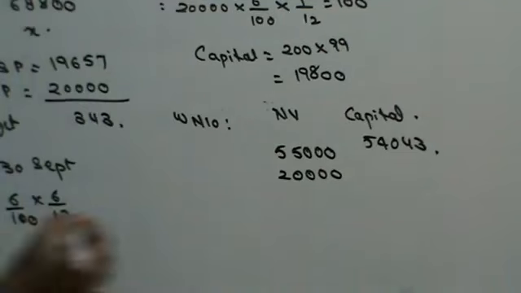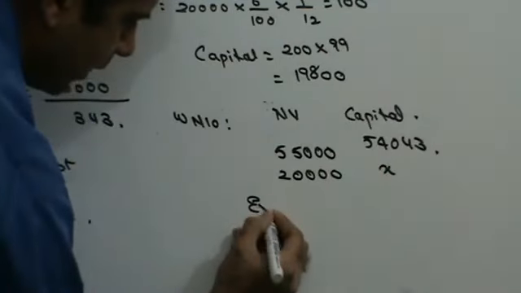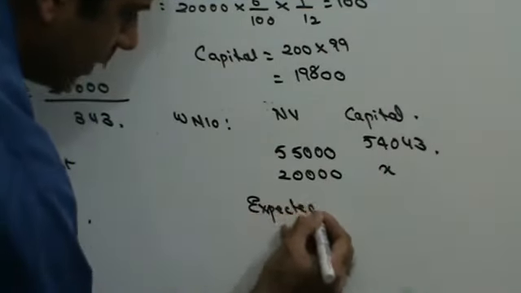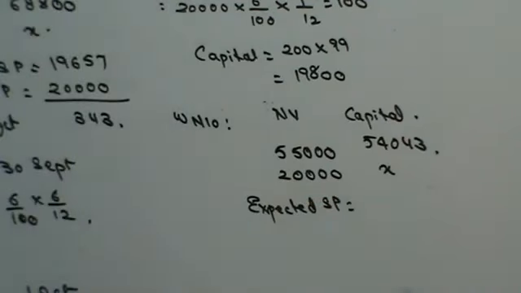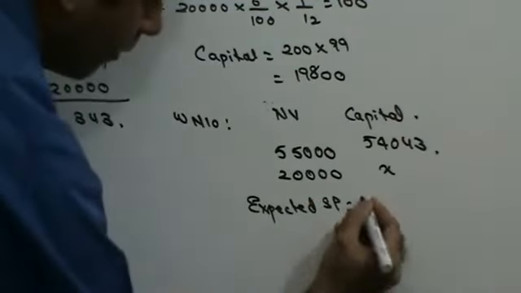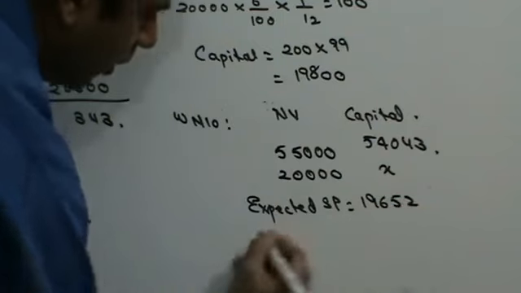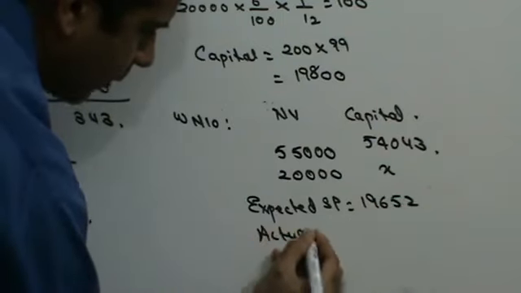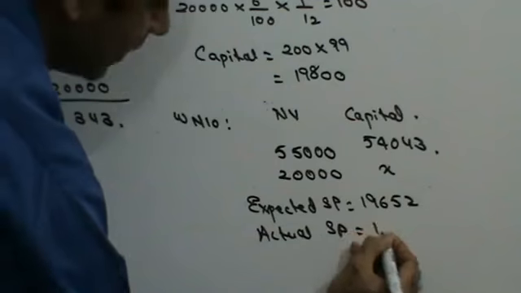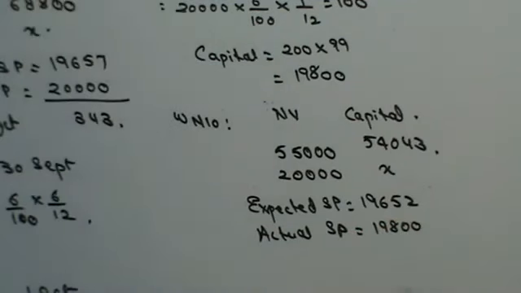I'm selling government bonds of 20,000. In that case, how much should my expected selling price be? Someone please tell me. 19,652. And my actual selling price is 19,800. I should have sold them for 19,652 rupees.